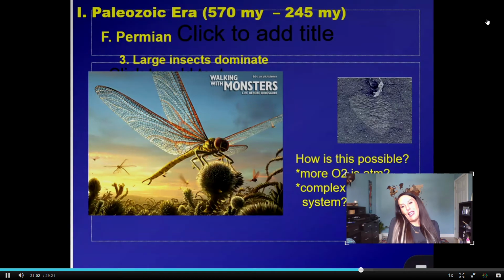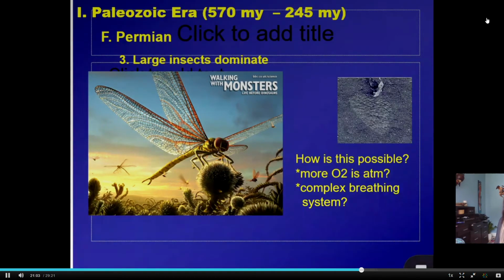So the question remains, why do you have these very large insects? It's probable that there was more O2 in the atmosphere. Right now we've got 70% nitrogen and 21% oxygen in our atmosphere. In the Permian, it's thought that there was probably more than 21% oxygen.